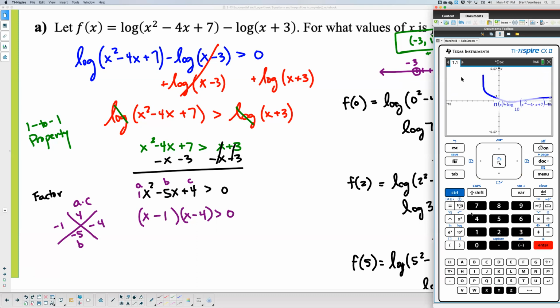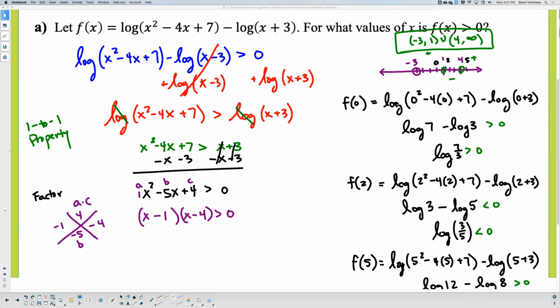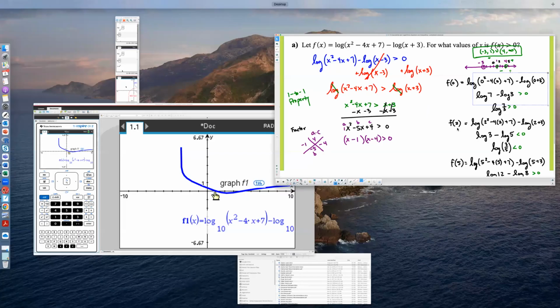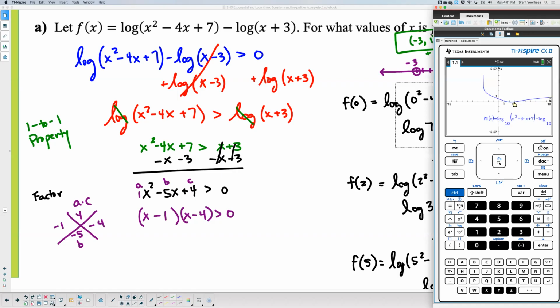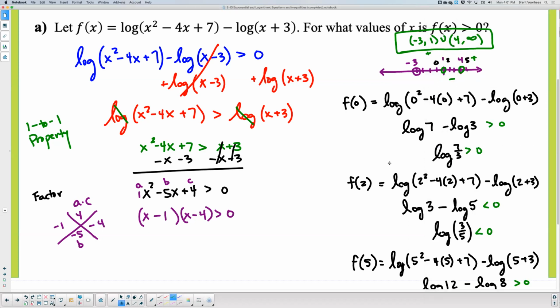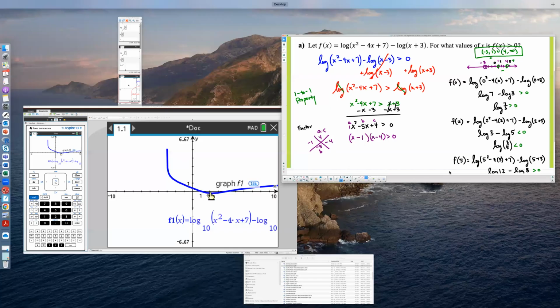If I graph this, I want to know what intervals this is greater than 0. You can see it comes from -3 up until 1. At 1 it is equal to 0. And then from 4 on to infinity, it's greater than 0. And that's what we got. So our answer is in fact correct.